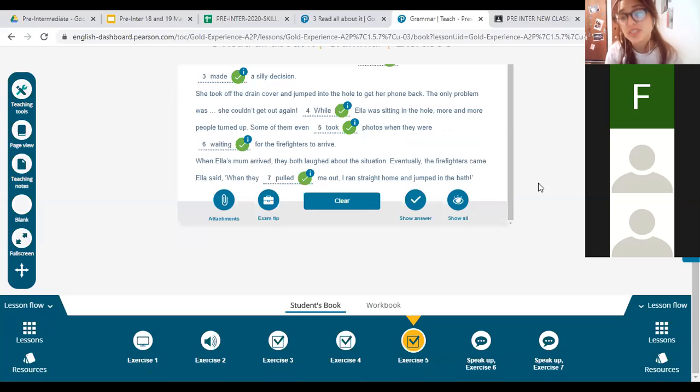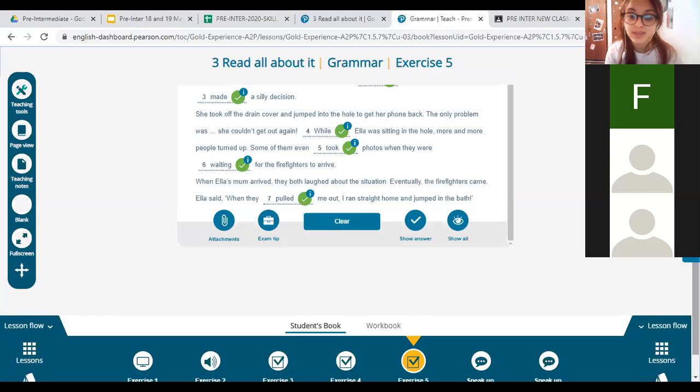This is very specific. That is why this will not be on your term test or on any test that I take you because this is very specific. To take someone out, that is this action. La sacaron del drenaje and then of course she went home and took a bath because I imagine that the smell was not very pretty.